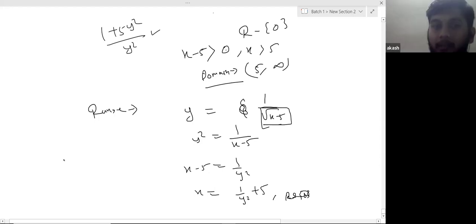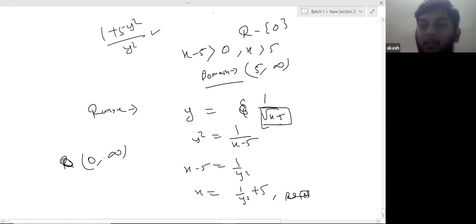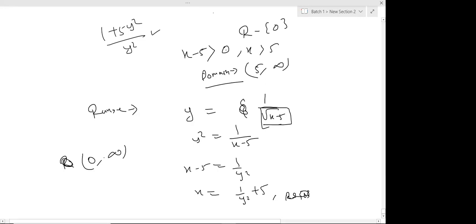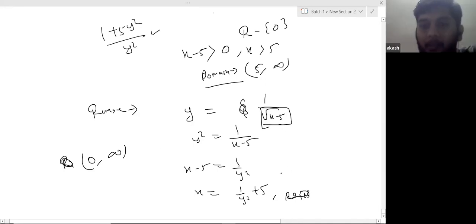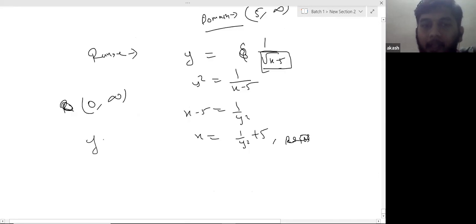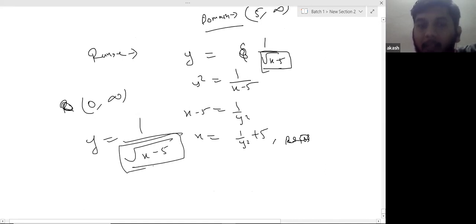It is not R, but 0 to infinite, because we can only get positive numbers. Is this clear? Sir, why is that R? Can you repeat the last answer? See, because we have y equals 1 upon under root x minus 5, right? Shavya, can this quantity ever be negative?